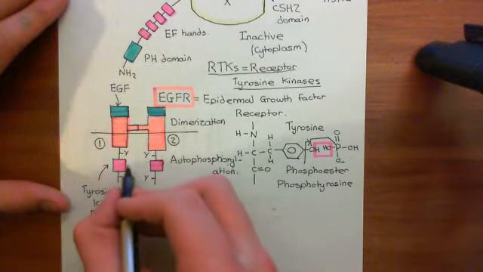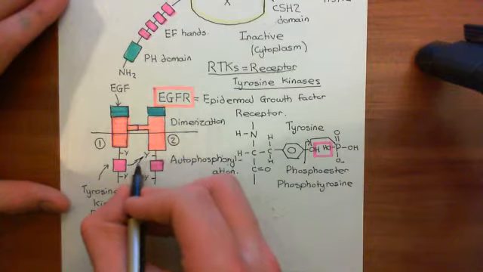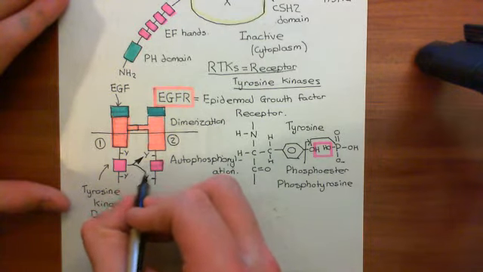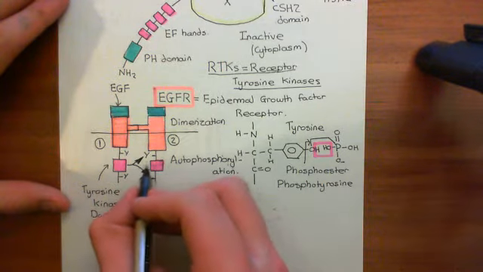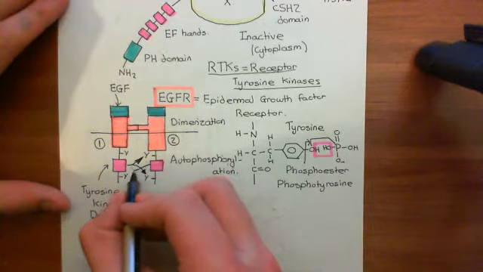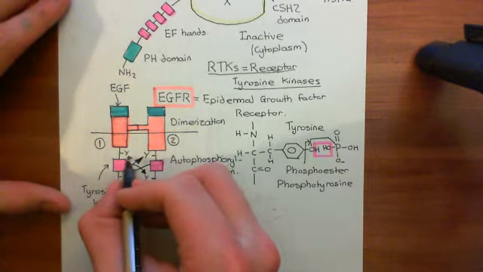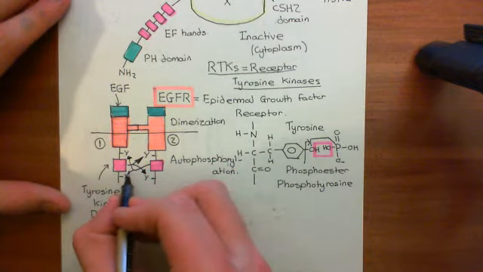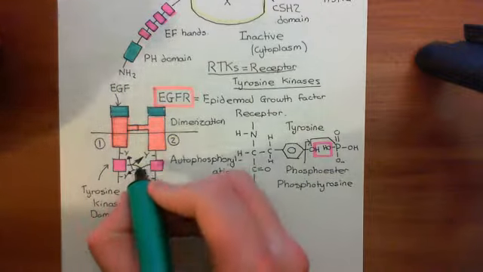So what will happen is the tyrosine kinase domain of epidermal growth factor receptor number 1 is going to phosphorylate the tyrosines on this second epidermal growth factor receptor, and then the tyrosine kinase domain of epidermal growth factor receptor number 2 is going to reciprocate and phosphorylate the tyrosines on epidermal growth factor receptor number 1. Let me try and colour this in.